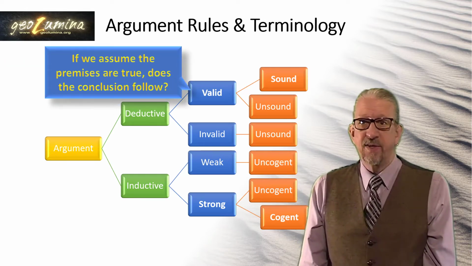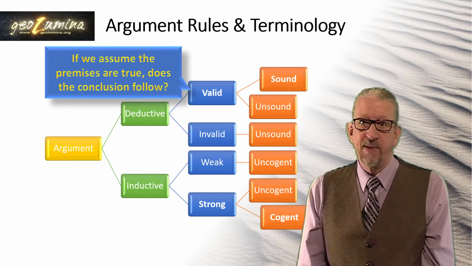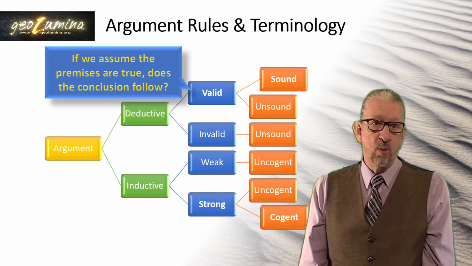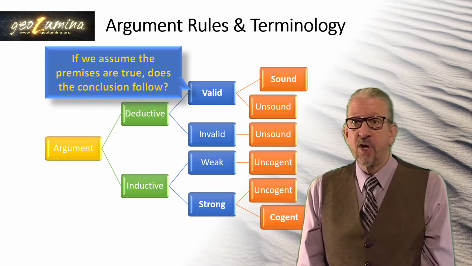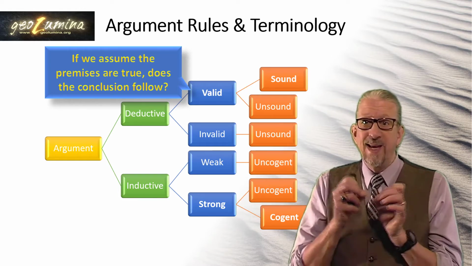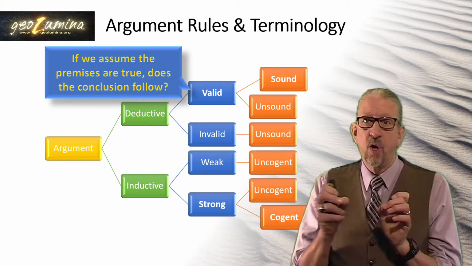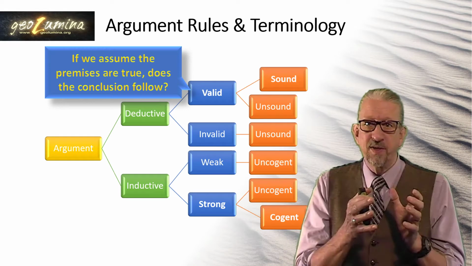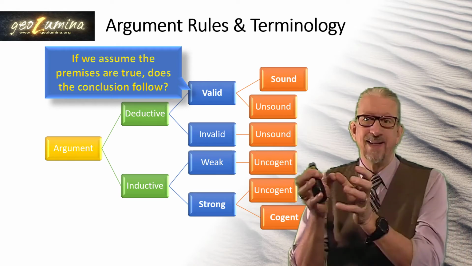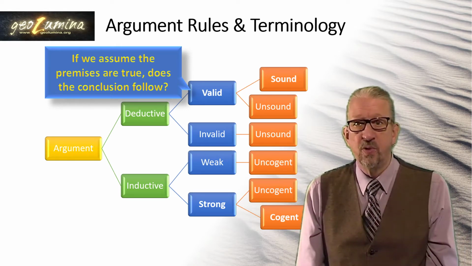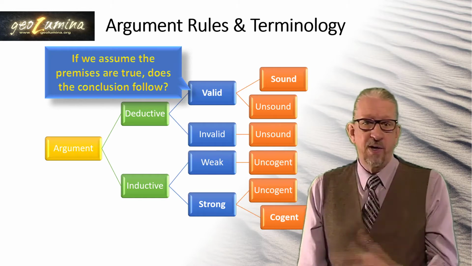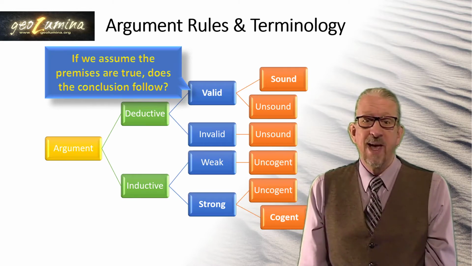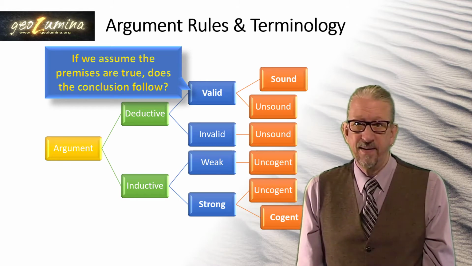If we can make the assumption that all of the premises are true, which they might not be, but if they were all true, does the conclusion follow? Is there a logic to the conclusion? Does it make sense that if all of these premises are true, this is naturally the conclusion we would draw? If we can argue that that is the case, then we might say that this deductive argument is valid.